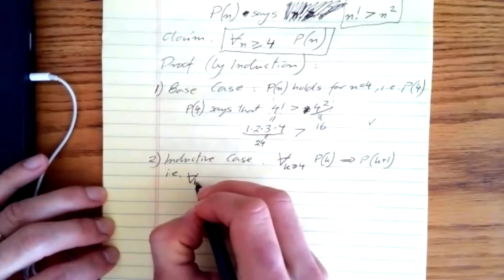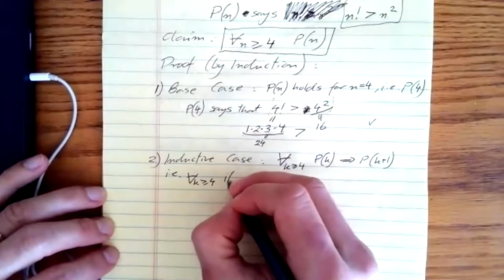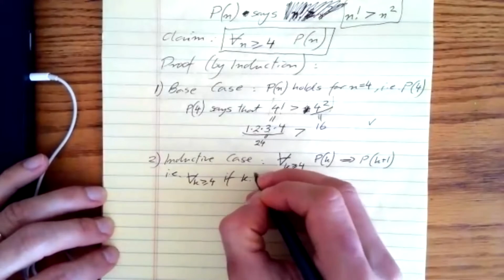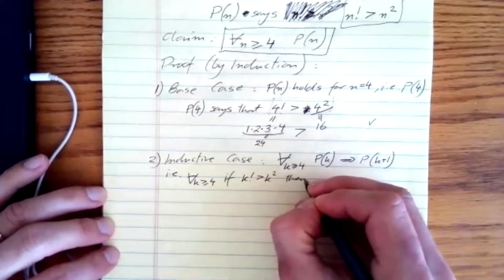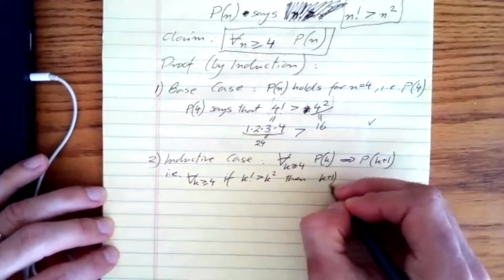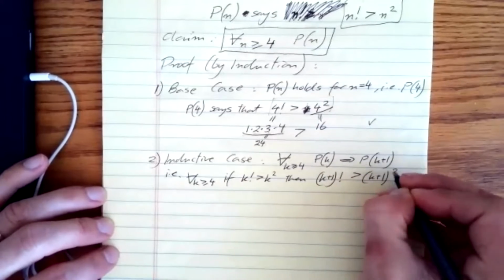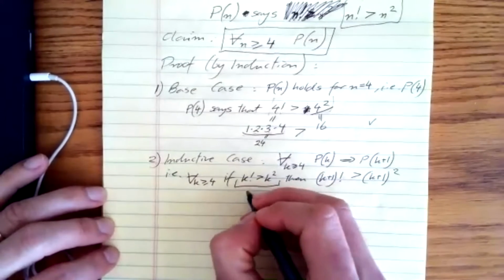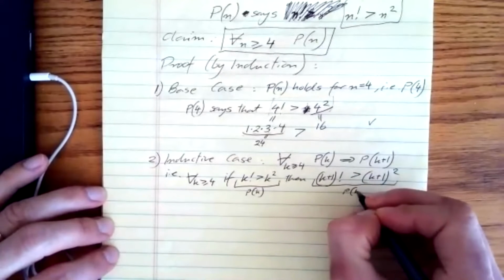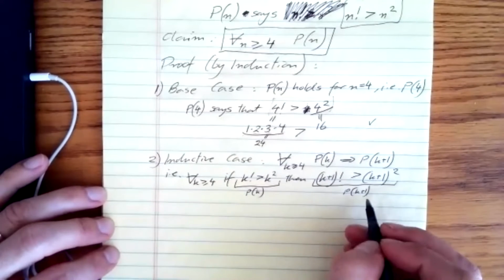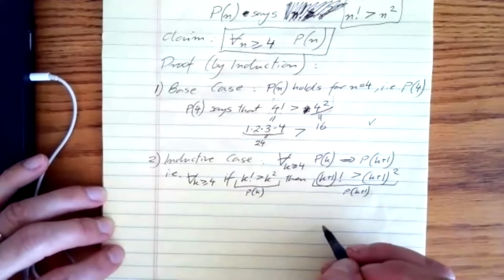We have to show that for every k greater or equal to 4, if k factorial is larger than k square, then k plus 1 factorial is greater than k plus 1 square. Because this is the predicate Pk, and this is the predicate P at point k plus 1.